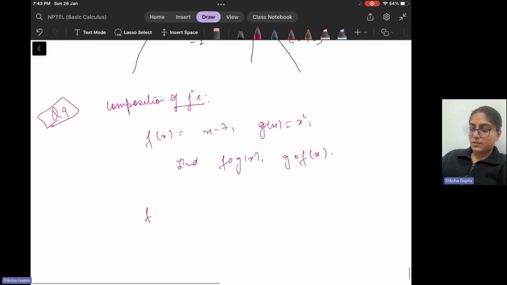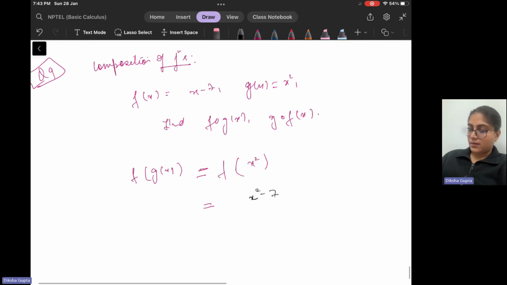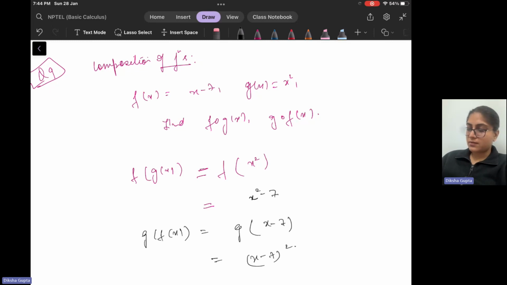So f of g of x is f of x square, and f of x square will be x square minus 7. Whereas g of f of x will be g of x minus 7, and g(x) is x square, so this is (x minus 7) square.